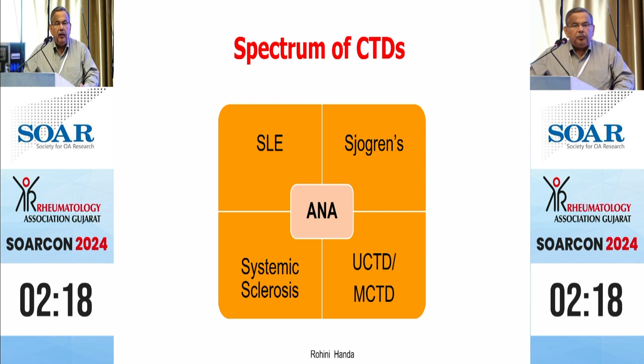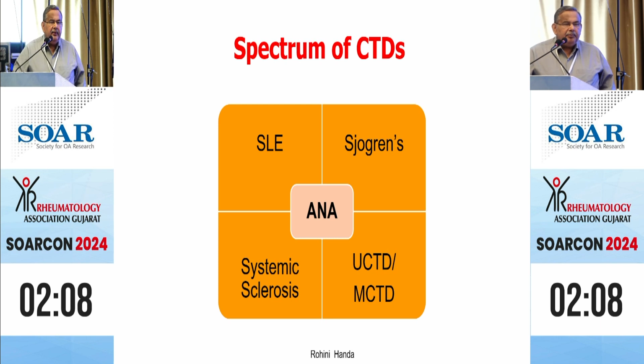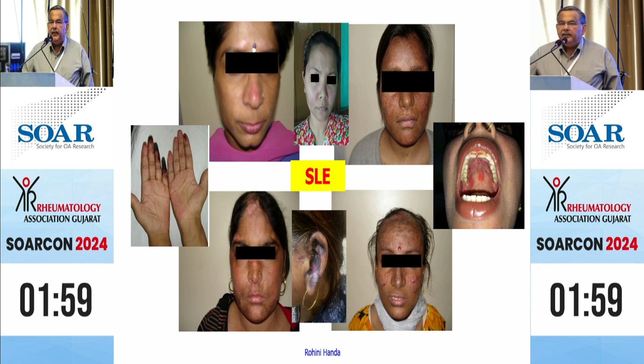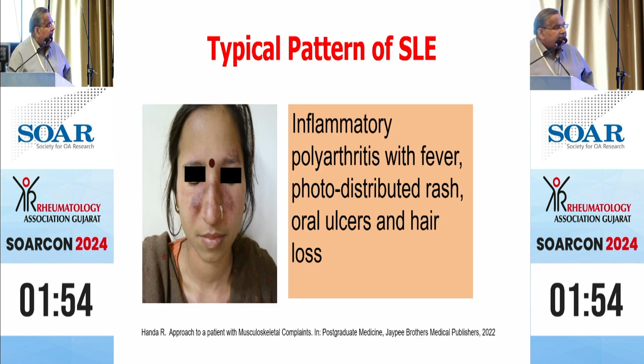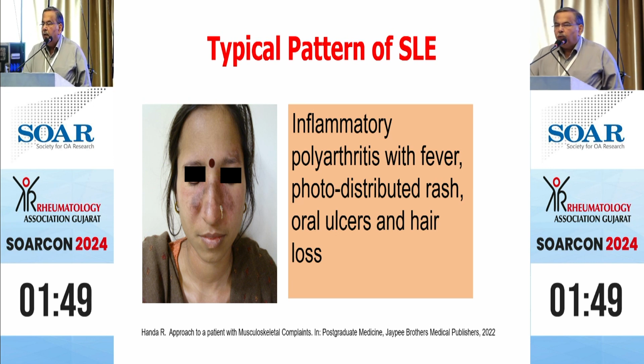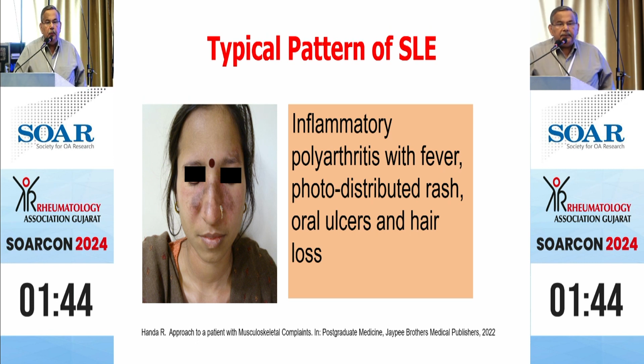We move over to connective tissue diseases, and with connective tissue diseases, the commonest that we see in clinical practice is Sjogren's, but the symptomatology of lupus at times can be very dramatic. This is the smorgasbord of lupus, multisystem disease. So if you have a patient who presents with inflammatory polyarthritis with the added features of fever, photodistributed rash, hair loss, you need to think of lupus.